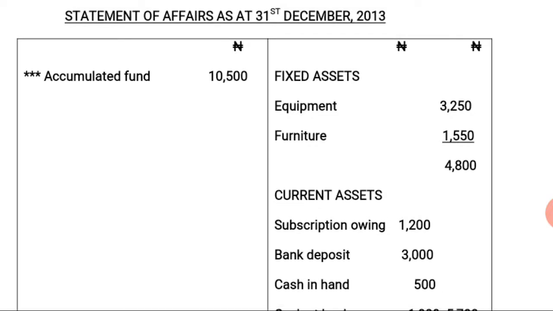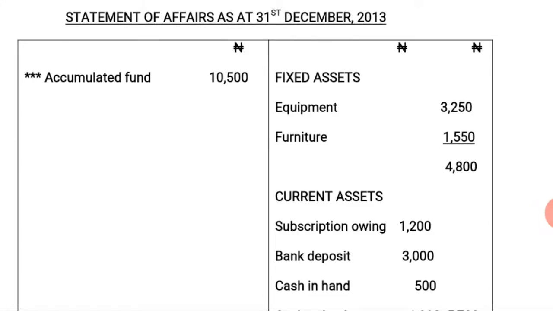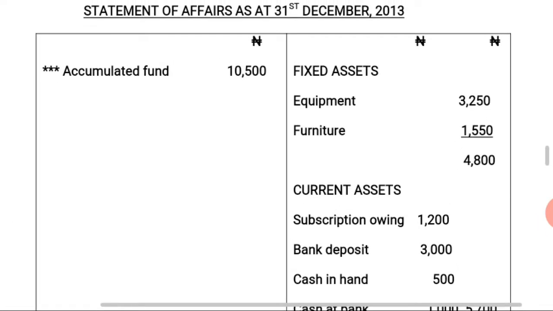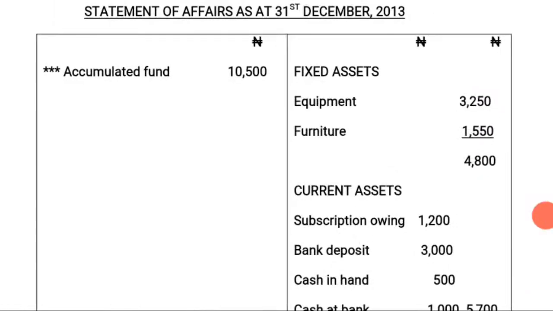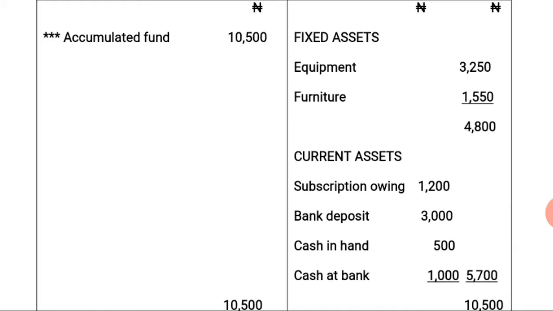Therefore, let's look at how to prepare the statement of affairs. As at the beginning of the year, we have the fixed assets such as equipment, which value stood at 3,250 from the first information in our additional information, and we have the furniture from that same additional information number 1, which stood at 1,550 naira.